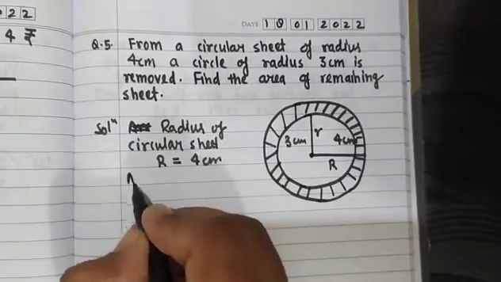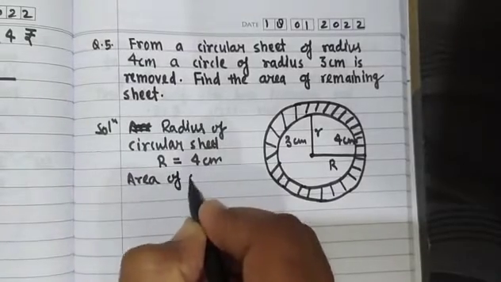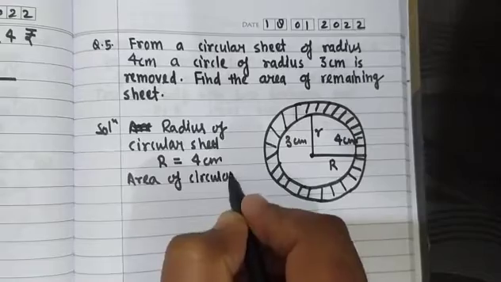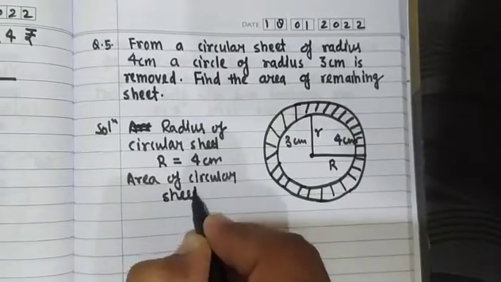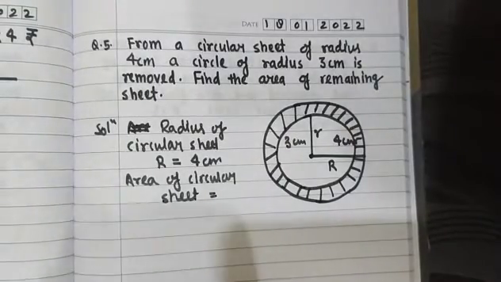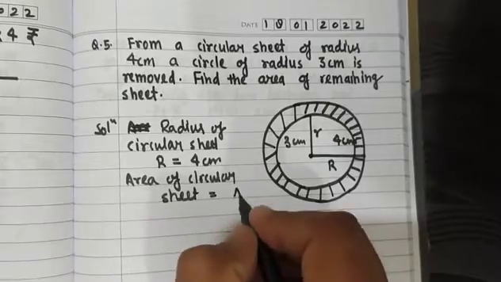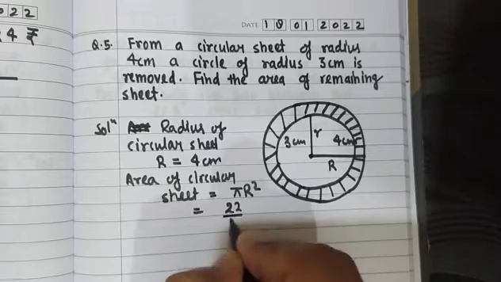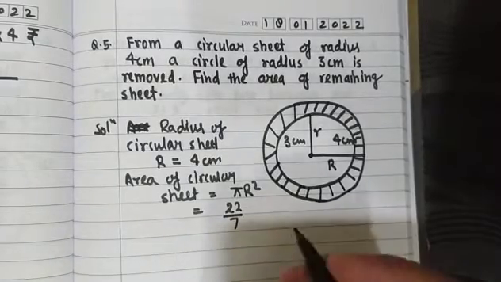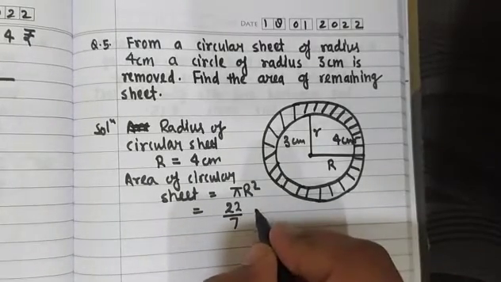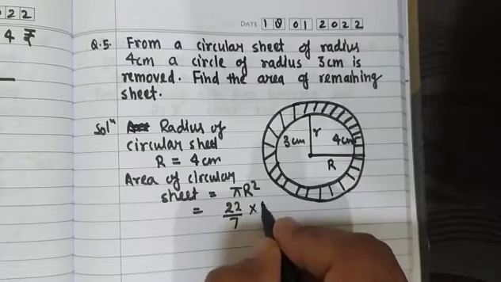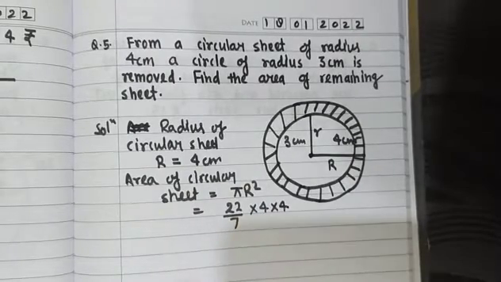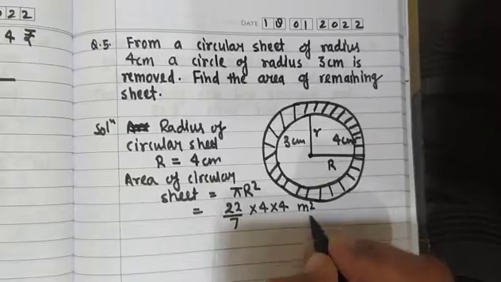So area of circular sheet, this is the total area of the circular sheet. So it is pi r square. So it will be 22 over 7 r square, that will be 4 into 4. Okay, and this is centimeter square.